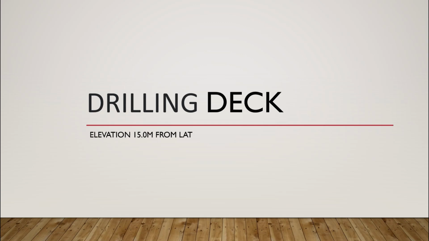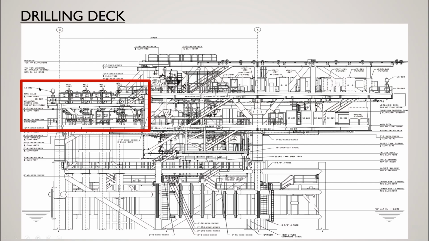After the main deck there is a drilling deck or wellhead deck, and this drilling deck or wellhead deck is 15 meter from the LAT. It is 3 meter high from the main deck, and as you can see, all the Christmas tree components like different valves are there.